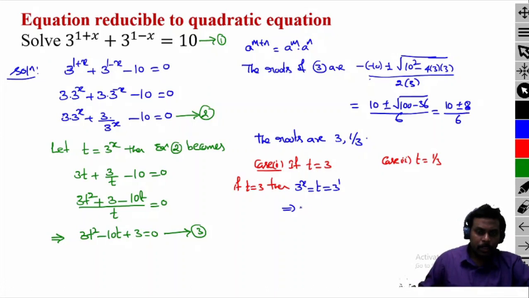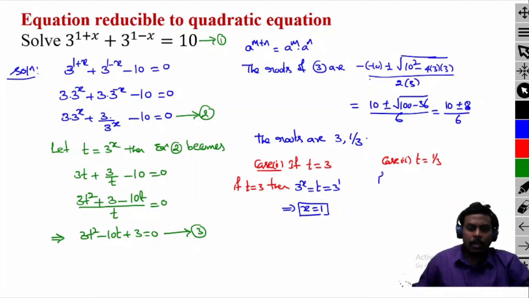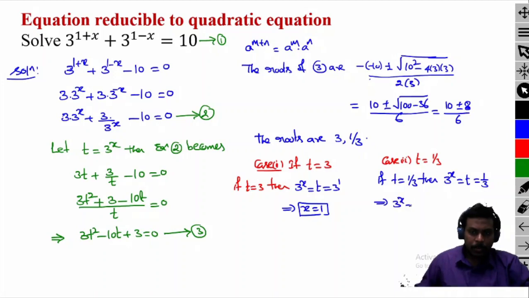So this implies x is equal to 1. Now if t is equal to 1 by 3, then 3 power x is equal to t is equal to 1 by 3. So this implies 3 power x is equal to 3 to the power minus 1. This implies x is equal to minus 1.